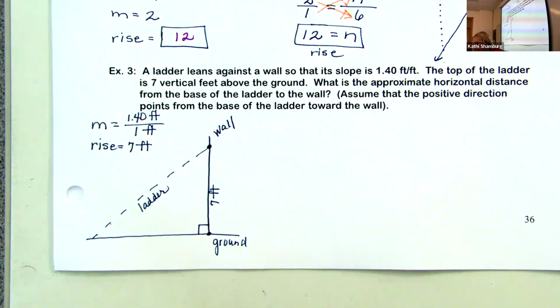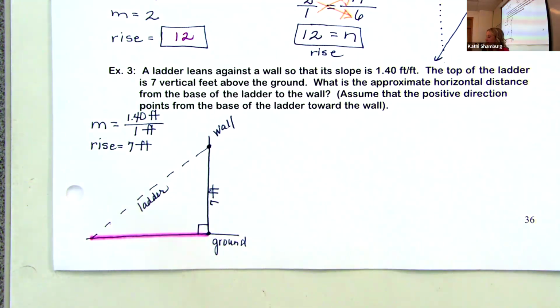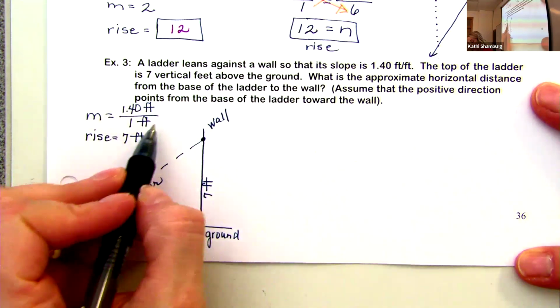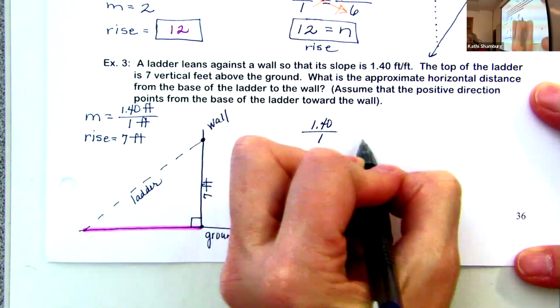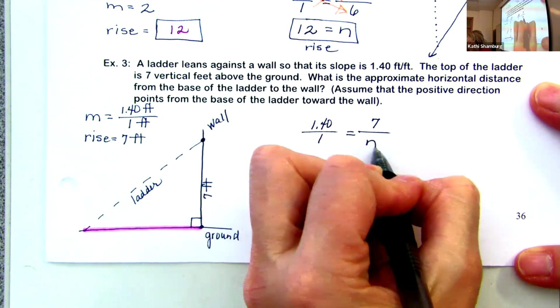What is the approximate horizontal distance from the base of the ladder to the wall? So here's what it's asking me to find. So of course they're asking us to find the run. So we're going to apply what we did before. Slope is 1.40 over 1 equals rise was given. I'm looking for run.